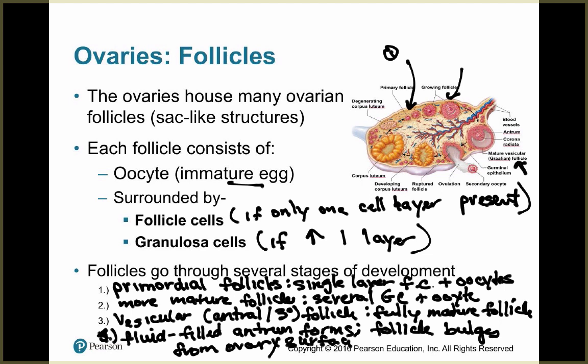Over here you have that third, the vesicular follicle. This is a fully mature follicle, almost ready to burst out, and you can see it's starting to bulge. That's when the fluid-filled antrum forms. This is the antrum, right there. That gives you an idea of what's happening and what it looks like. And then it finally releases here during ovulation.